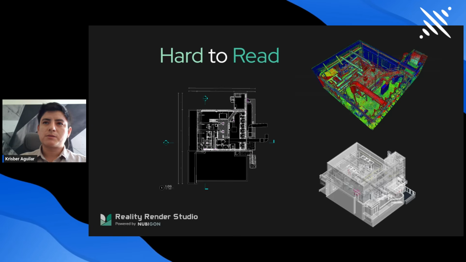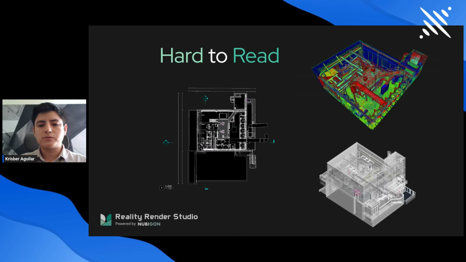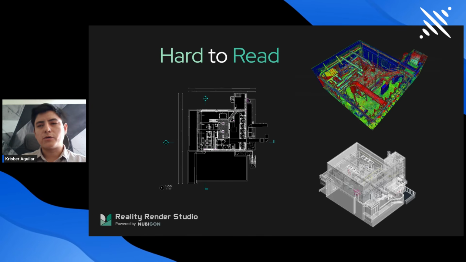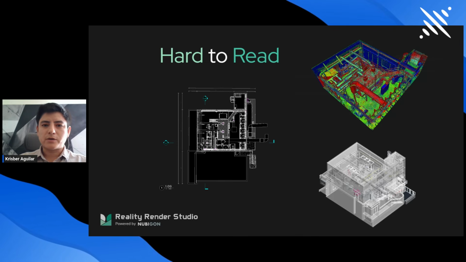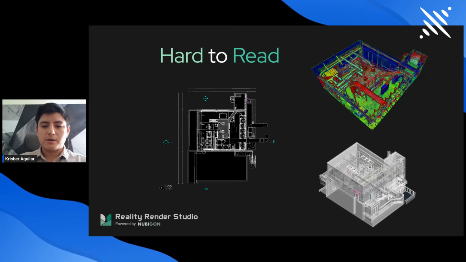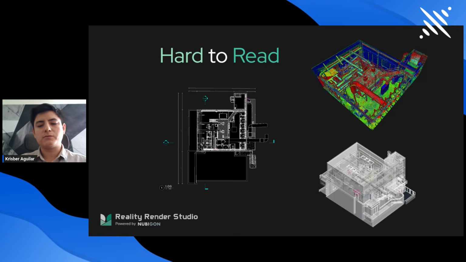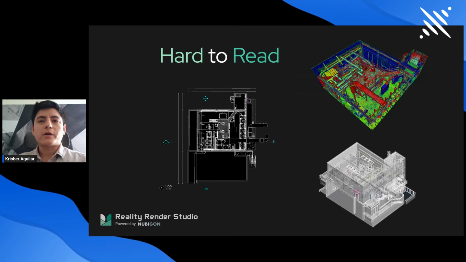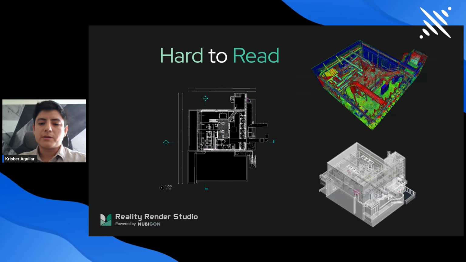There is too much information, point clouds, CAD drawings, BIM models, a lot of lines, and everything is there, but it's not clearly structured. Even the Gaussian splat is clearly visual, but it's still not always easy to read when combined with other data. And for clients and stakeholders, this becomes difficult to understand.